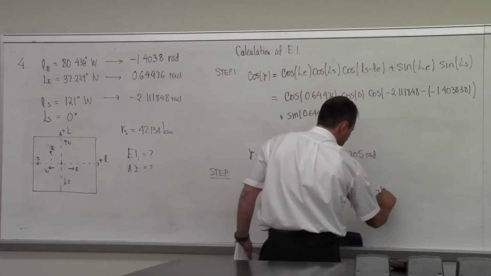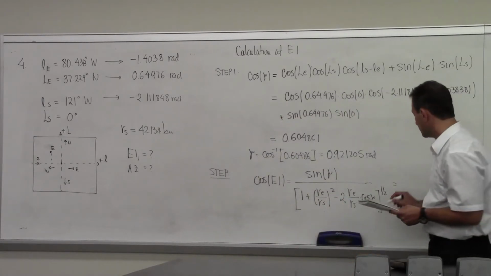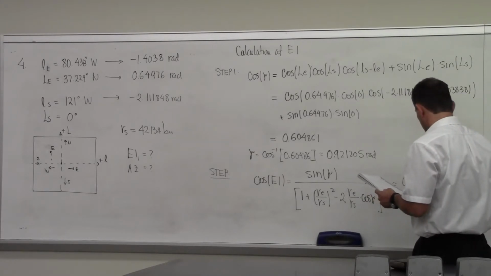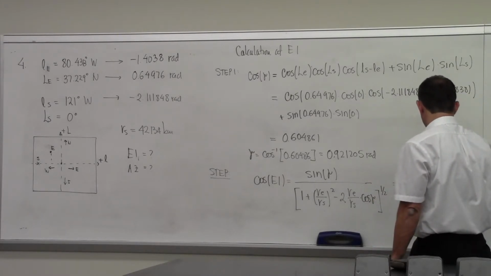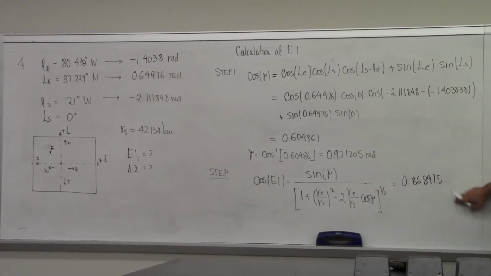And when you substitute the values and do the calculations, this ends up being 0.868975, just the number.